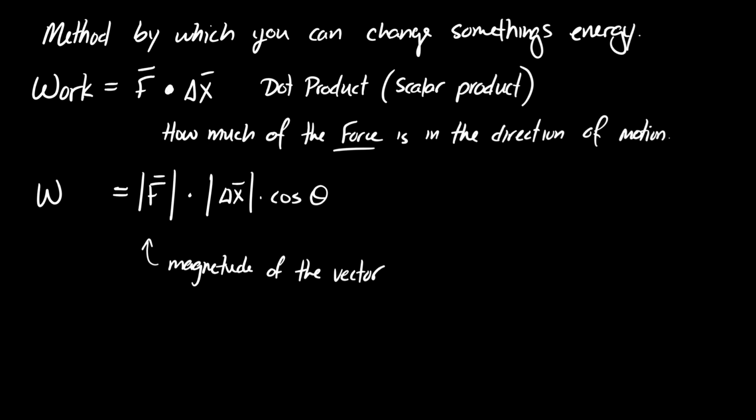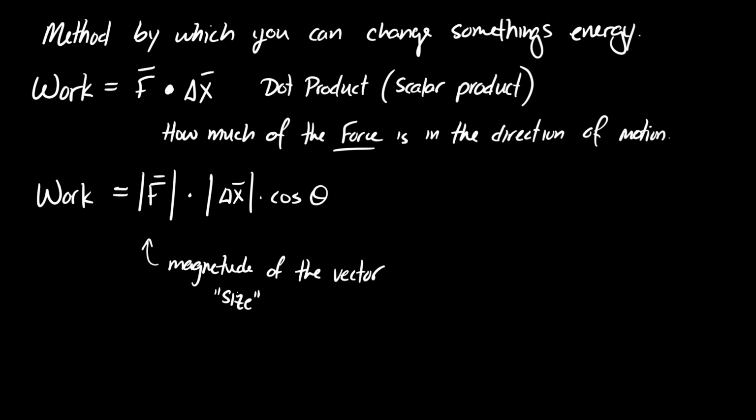So to calculate work, you take the magnitude of the first vector, the force, and you multiply by the magnitude of the second vector, the displacement. For those of you who don't remember what the word magnitude means, it just means size. But they'll use the word magnitude on the test, so you need to be capable of understanding that. Anytime you see the word magnitude, just use the word size.